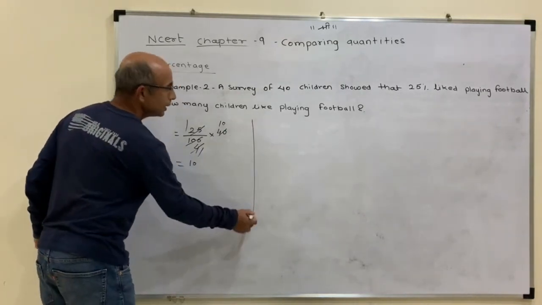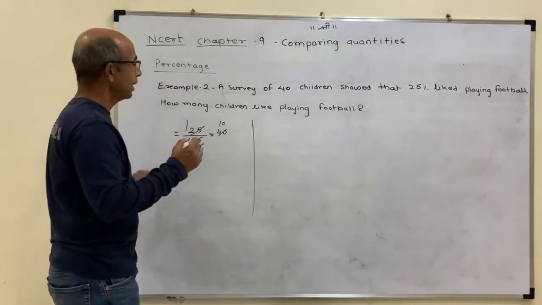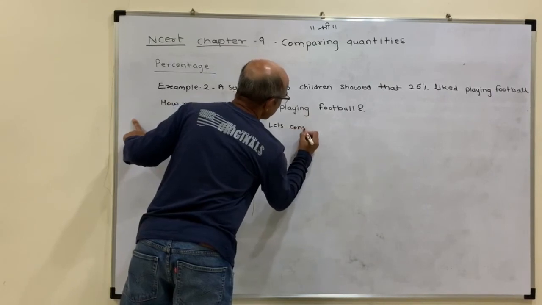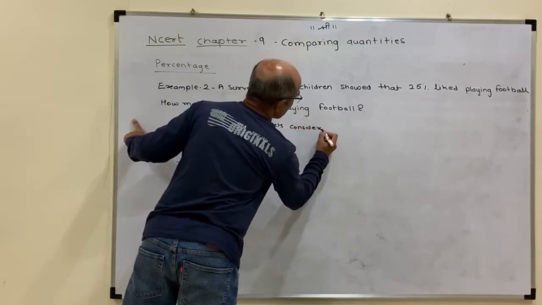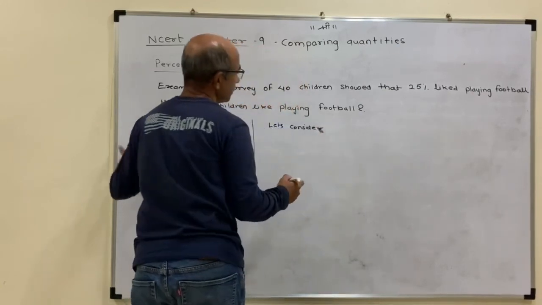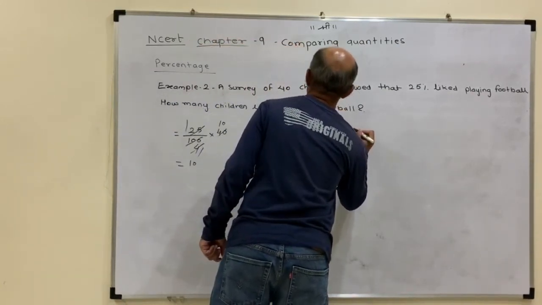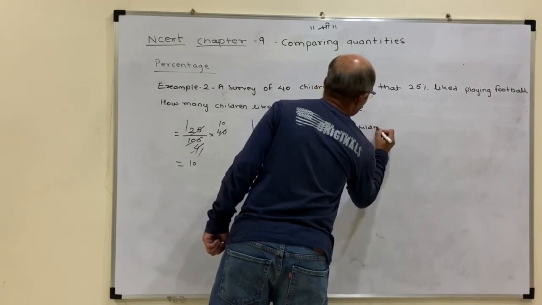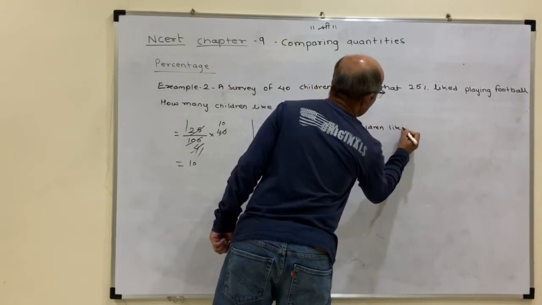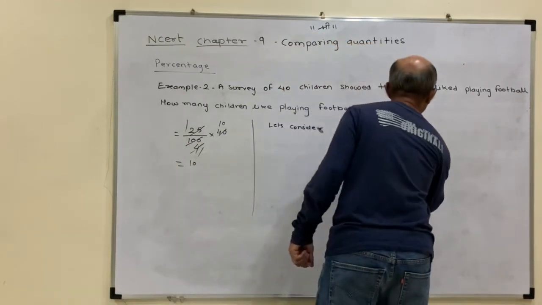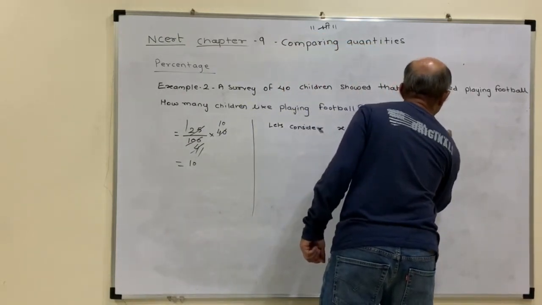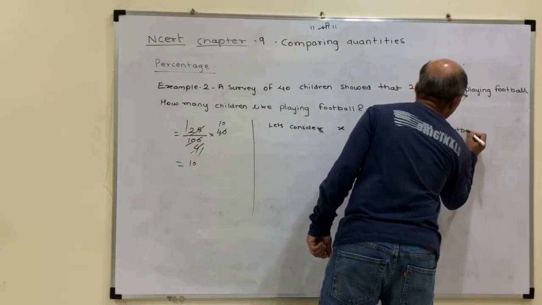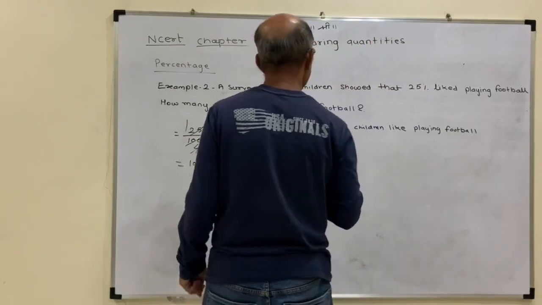Now let's solve it a little differently, the way I normally do. Let's consider X children like playing football. So what data do they give?